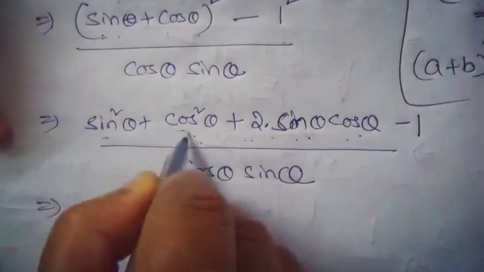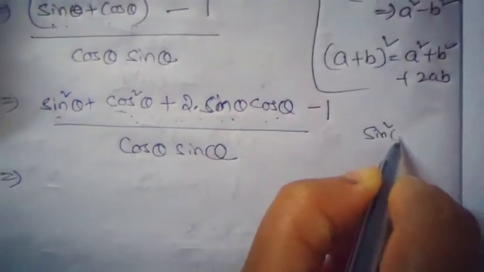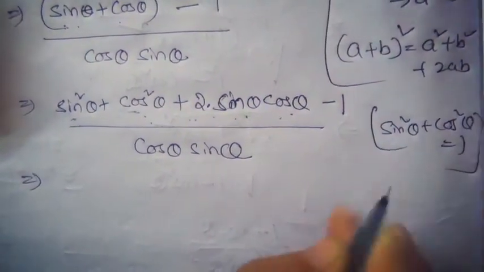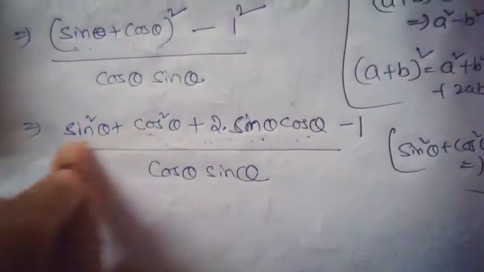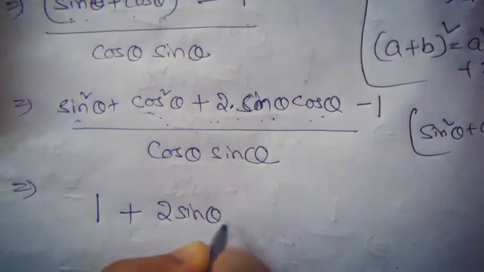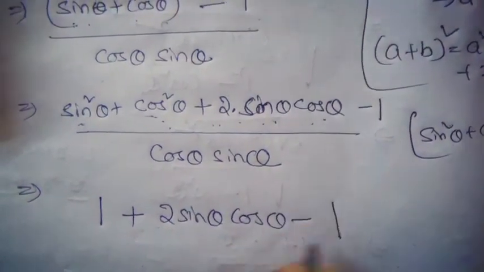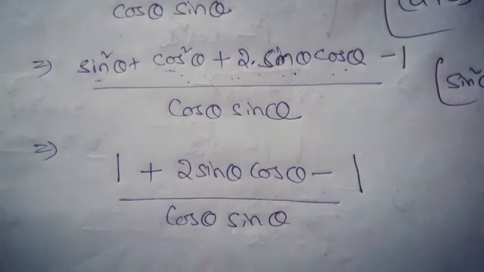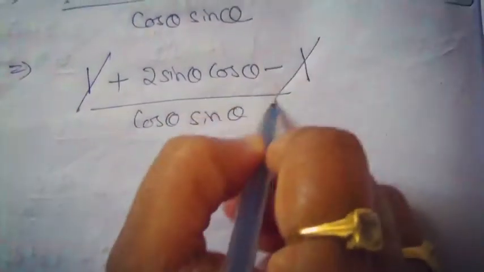We know that sin square theta plus cos square theta is equal to 1. So in the place of this I am writing 1 plus 2 sin theta cos theta minus 1 by cos theta sin theta. Plus 1 minus 1 cancel.